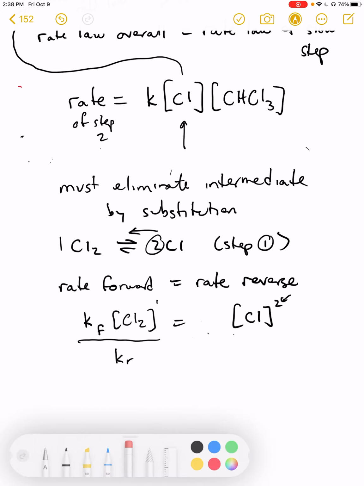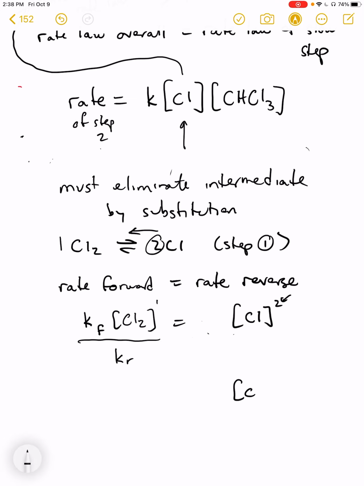And if I take the square root of both sides of this equation, I will get Cl, and that will essentially be the square root of all of this. And another way to write the square root is the 1/2 power.